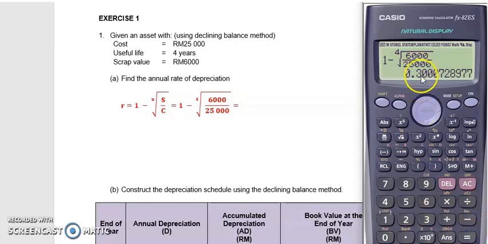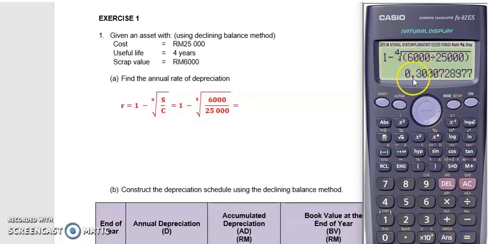The other way you can do it, instead of using the fraction here, is like this: 1 minus, then press shift x power, so 4. And for the fraction here, you can use an open bracket first, 6,000 divided by 25,000. Then don't forget to close the bracket, so make sure you have brackets inside this 4th root.